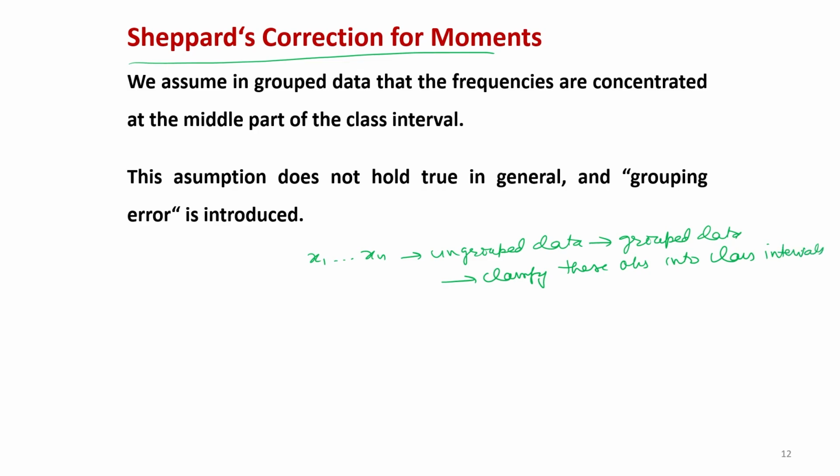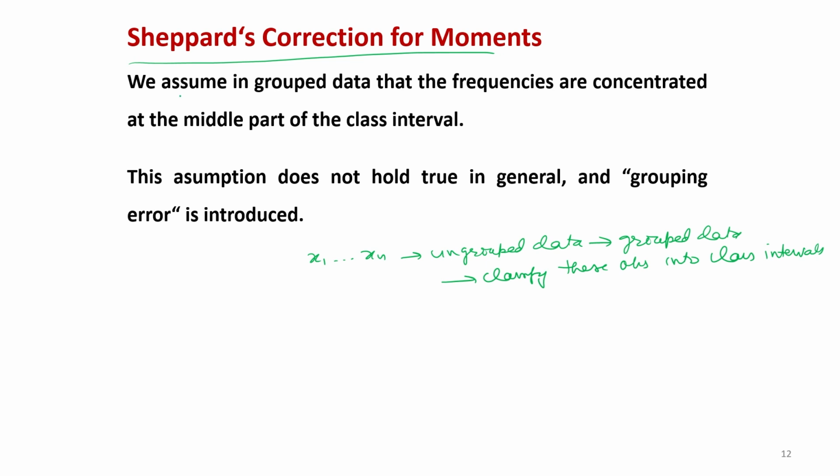Now, when you classify them into class intervals, what do you assume? You count the frequency, and you assume that all the values are concentrated at the middle point of the interval.